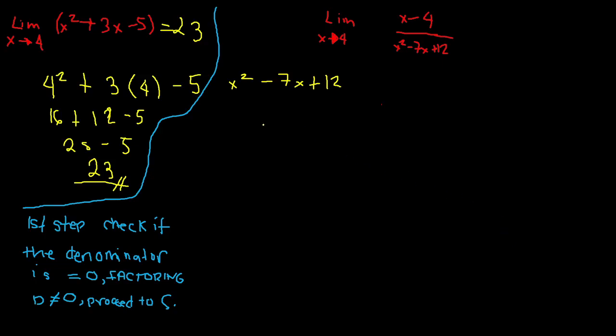Okay, so substitute natin. So, that would be 4 squared minus 7 times 4 plus 12. Okay?